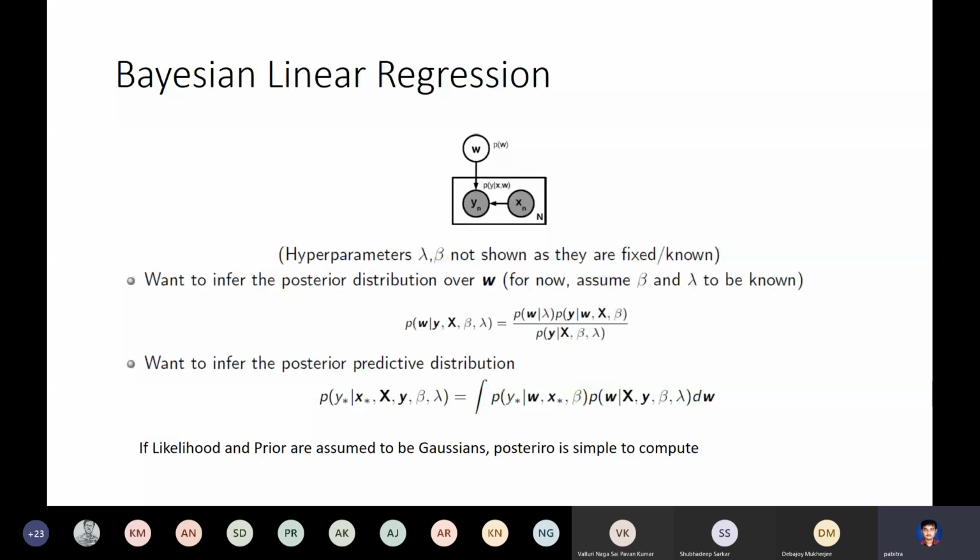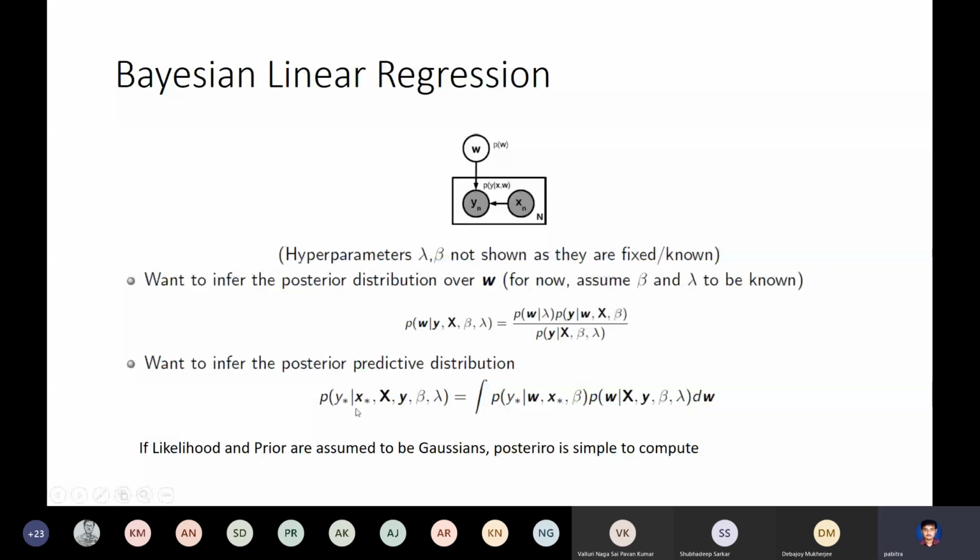So from the posterior, unlike the previous classes, here we are more interested in the posterior predictive distribution, which is actually the conditional model, so we shift our focus to this posterior predictive distribution because this is a conditional model.